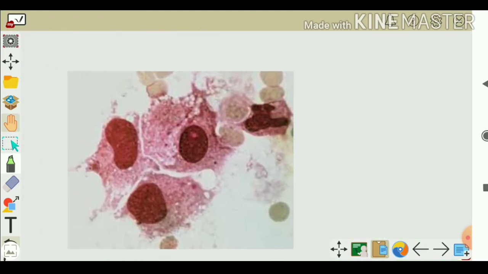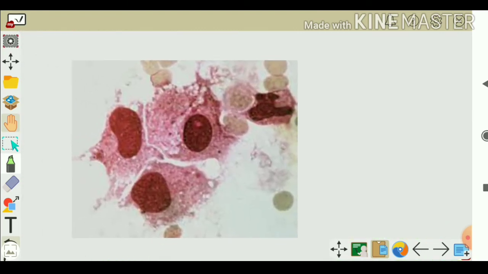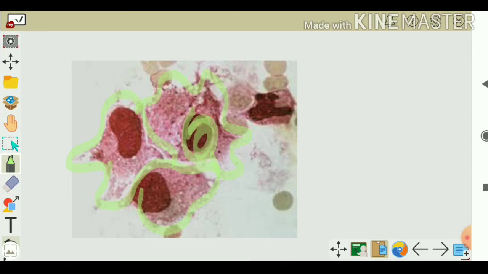Here we can see a beautiful image of macrophages. These are the cytoplasmic extensions, what we call the dendrites. And here is the nucleus, but the nucleus is smaller than the cytoplasm, so it is specific for macrophages.